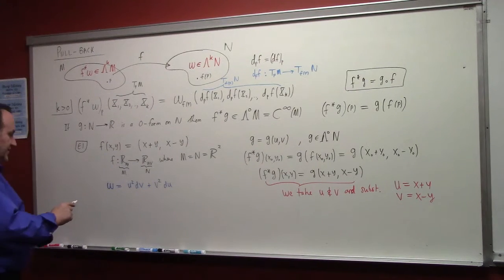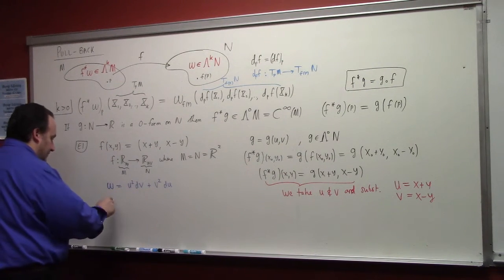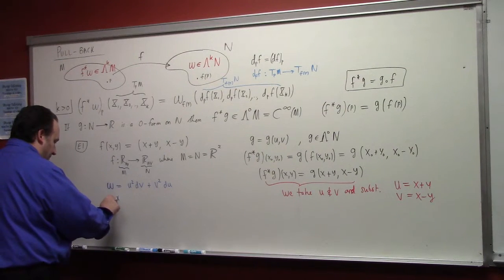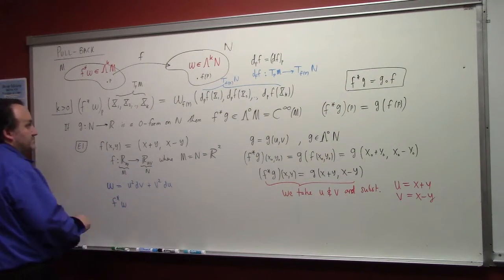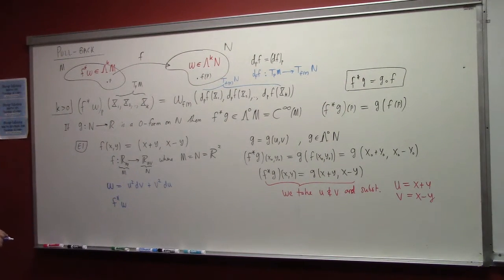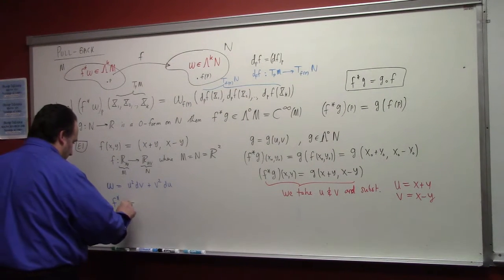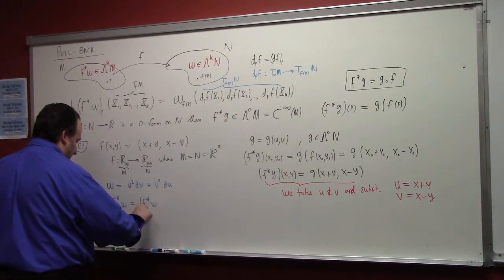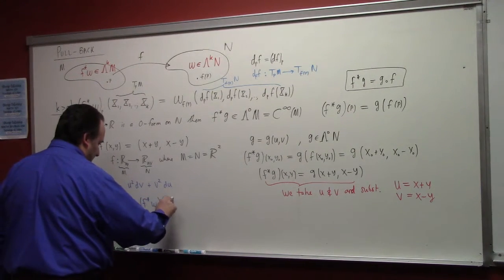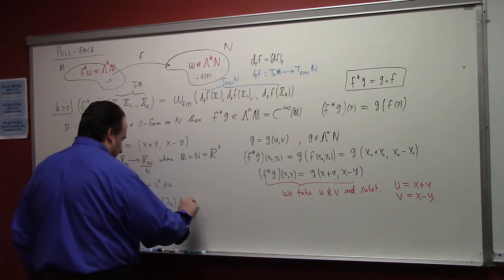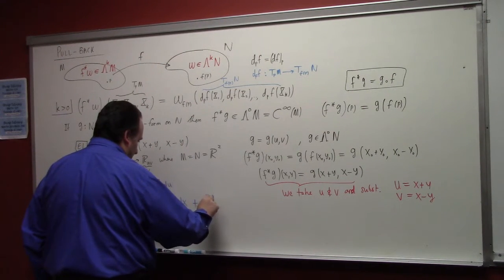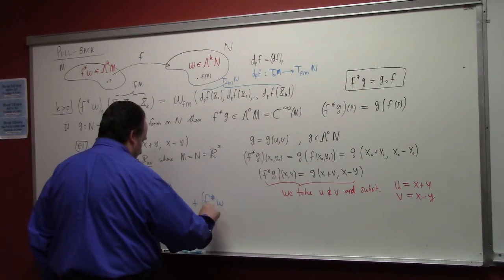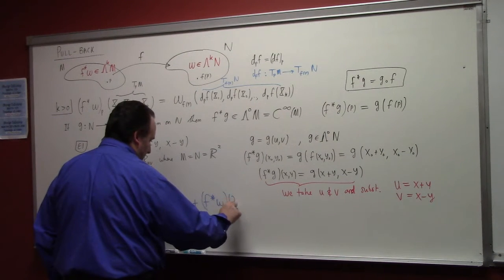And let's calculate the pullback of this guy, f pullback omega. It would be equal to f pullback omega acting on partial x, dx, plus f pullback omega acting on partial y, dy.